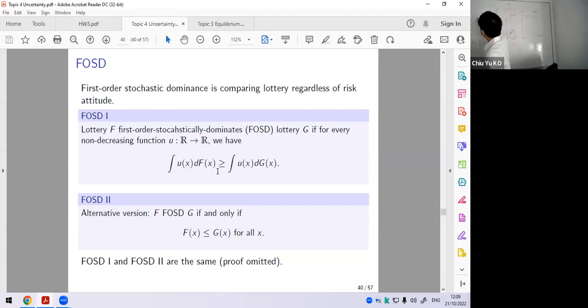Because the probability is like here, right? So there's more probability on the right hand side than the left hand side. Is that clear? It's like the increment, right? So it's just more likely that you get more money.